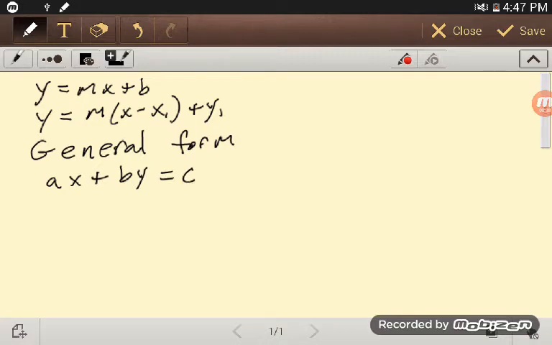Now we're going to move away from an actual equation pretty quickly to an inequality. But just to show that this is indeed still a straight line, notice that I can subtract ax from both sides, so I get by equals c minus ax. And then divide both sides by b, and I get y equals c minus ax over b.